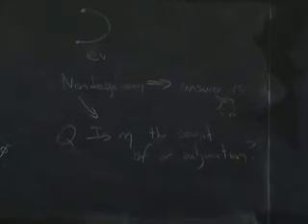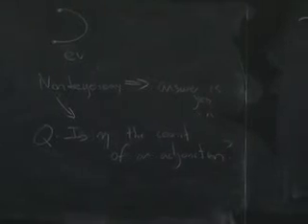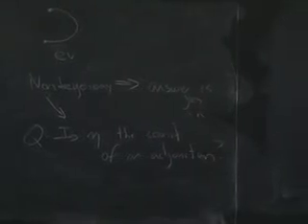If you knew that eta was the co-unit of an adjunction, what would you know? If eta is a co-unit, then there exists a compatible unit. Let's call it eta prime.